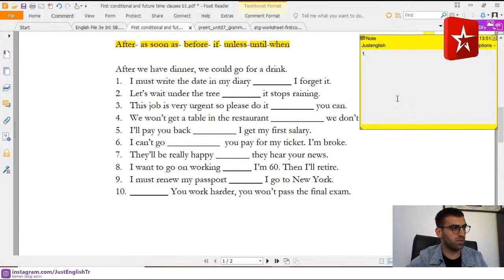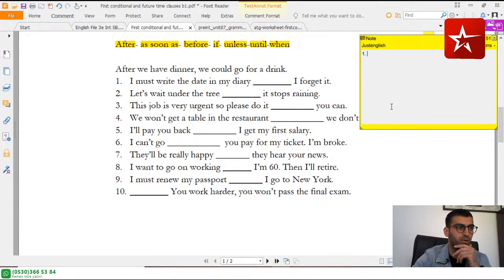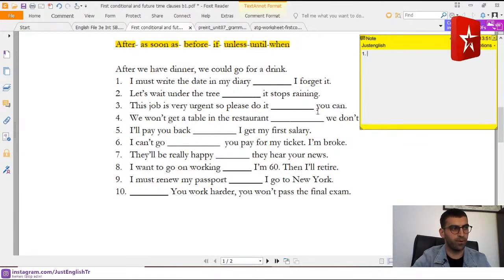In this sentence for number 1, I must write the date in my diary before I forget it. Tukos Salamanca says before. Gulsafa says it is before. Okay, anyone else? They say before.